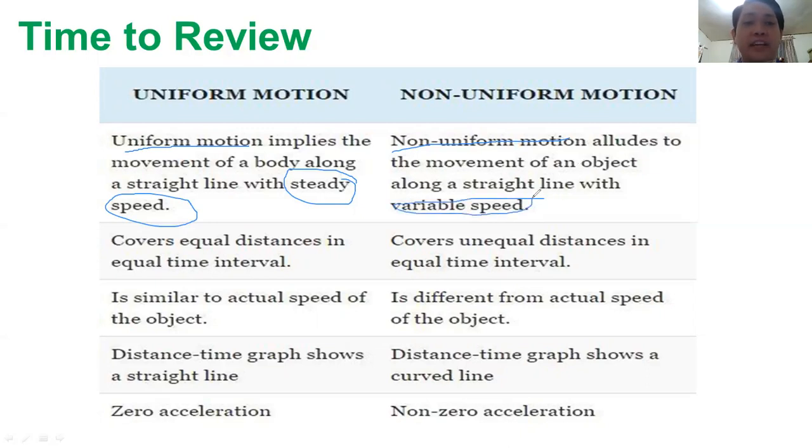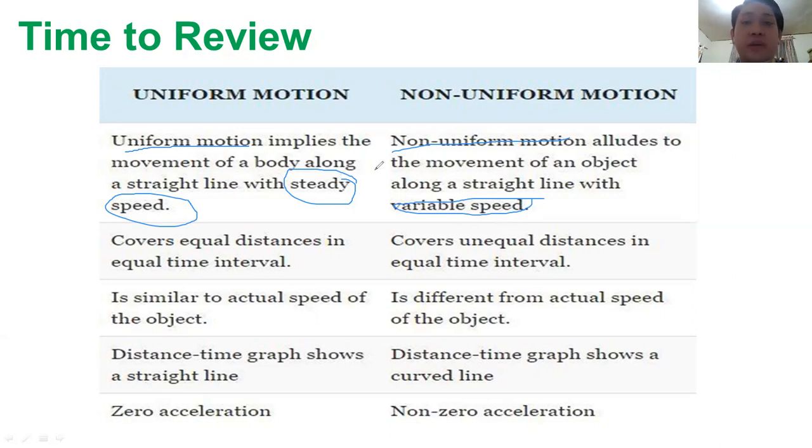So to compare the two, uniform motion is along a straight line with steady speed, while non-uniform motion is along a straight line with variable speed.